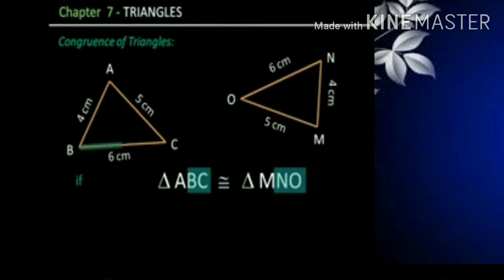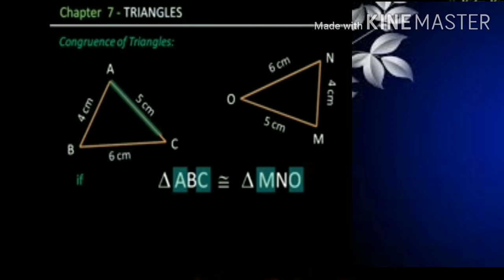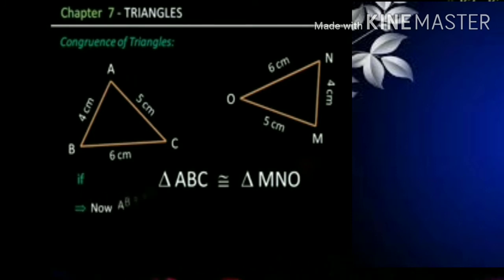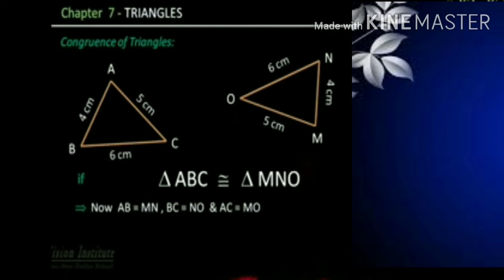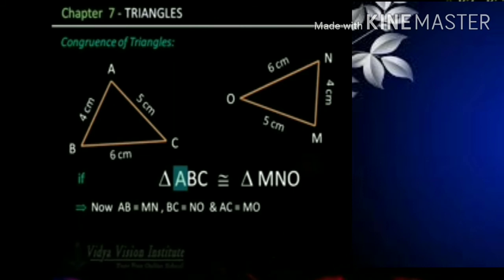BC is equal to NO, both are 6 centimeters, and AC, which is 5 centimeters, is equal to MO, which is again 5 centimeters. Although they are not given in line, each side is matching, each side is congruent. That is, AB is equal to MN, BC is equal to NO, and AC is equal to MO.